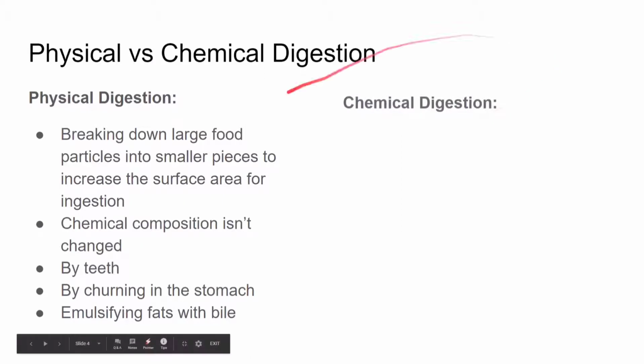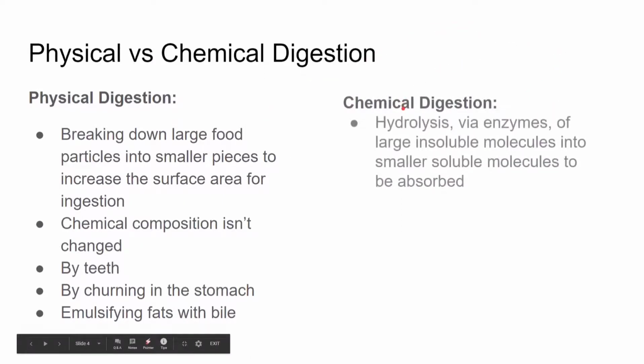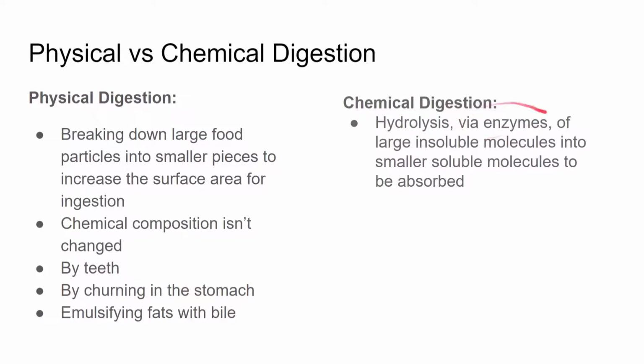In comparison, chemical digestion is hydrolysis. So hydrolysis via enzymes, enzymes aiding the hydrolysis of large insoluble molecules into smaller soluble molecules to be absorbed. This means that these large food molecules that are insoluble wouldn't be able to be absorbed into the bloodstream by themselves, so they are hydrolyzed into smaller soluble molecules so they can be absorbed into the bloodstream.